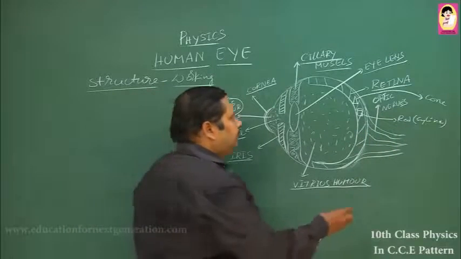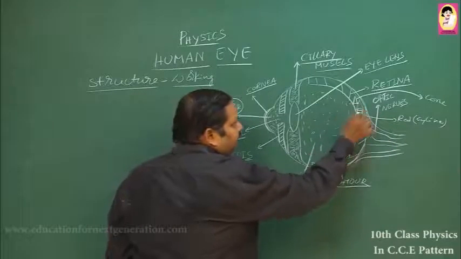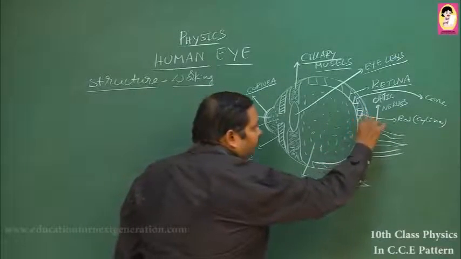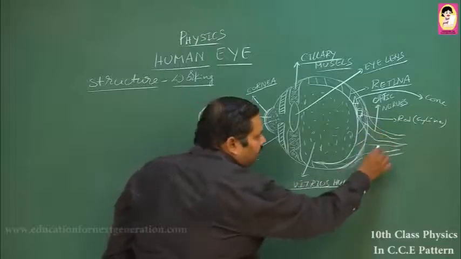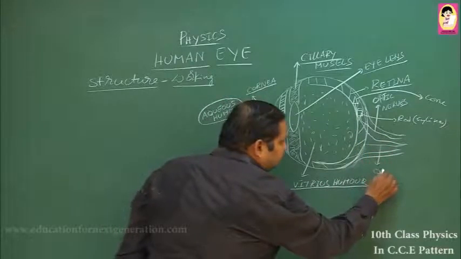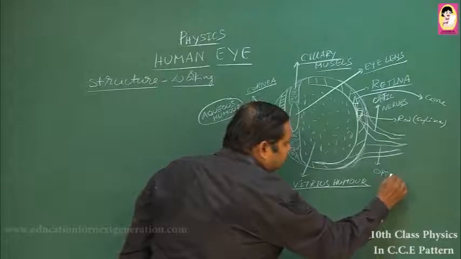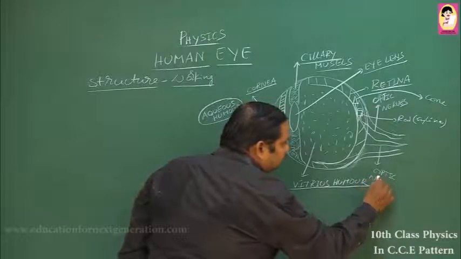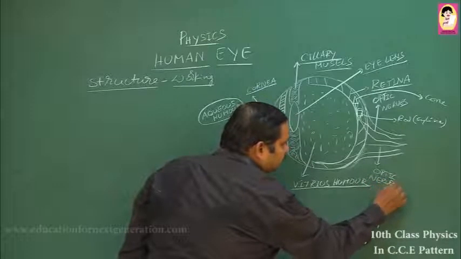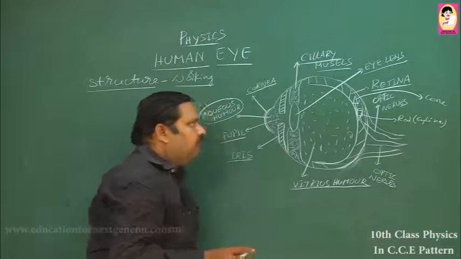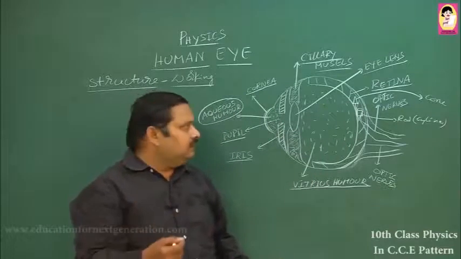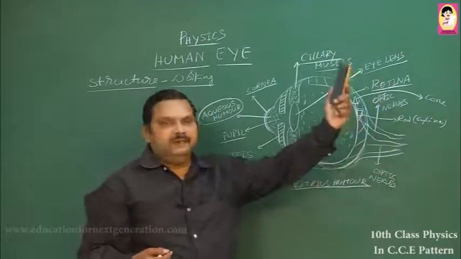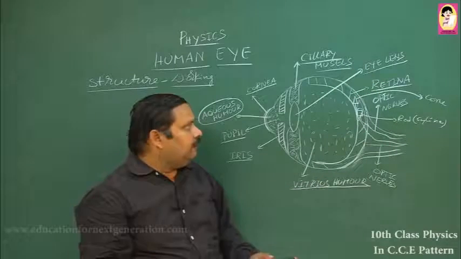And from each and every cell, one nerve will start, and those nerves are called optic nerves. From rods and cones, a nerve will start and move towards the brain, and they are called optic nerves.